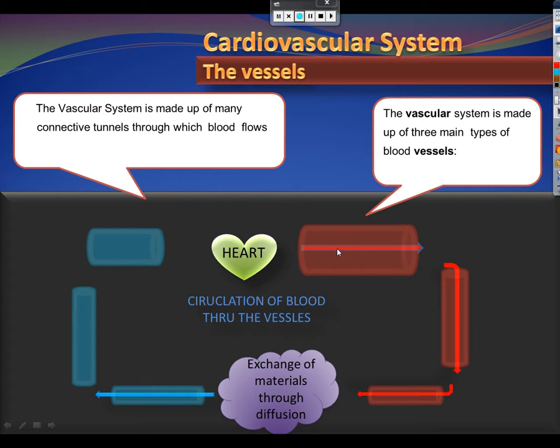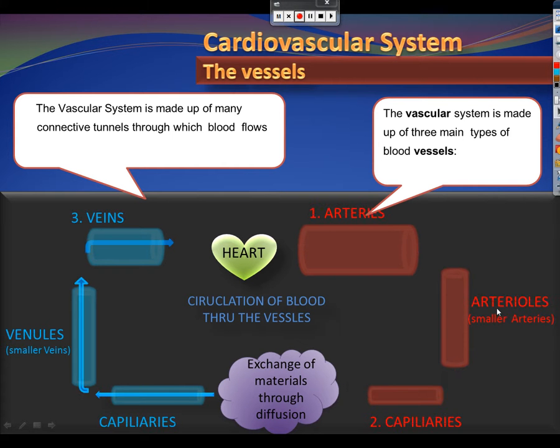Blood is going to leave the heart through your artery, so obviously it has oxygen at this point. Now, arteries don't connect straight to veins. They need a capillary to connect through there. We have what are called arterioles, which are smaller arteries that are then going to connect to a capillary.